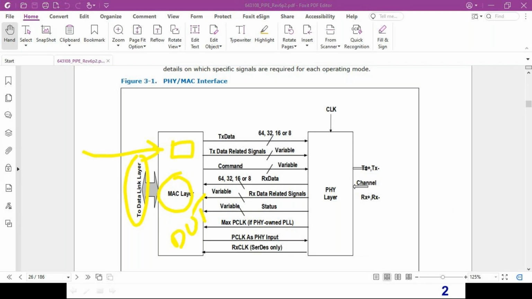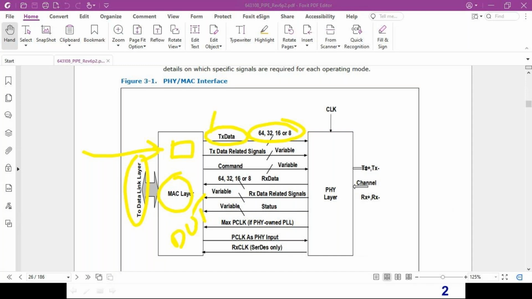It is going to collect, convert the packet, and transmit it as TX data. It can be any of these interfaces, either 64-bit, 32-bit, 16-bit, or 8-bit. It's up to us. For now, we'll keep it only 32 bits because we are not here to complicate the design. Our intention is to keep things simple and understand them better.